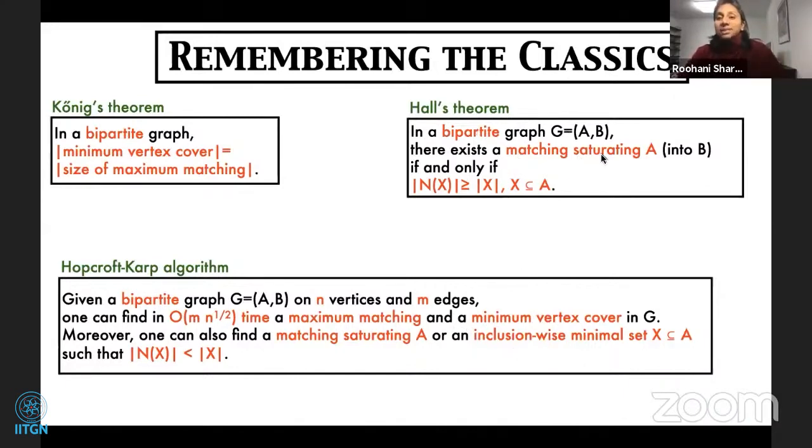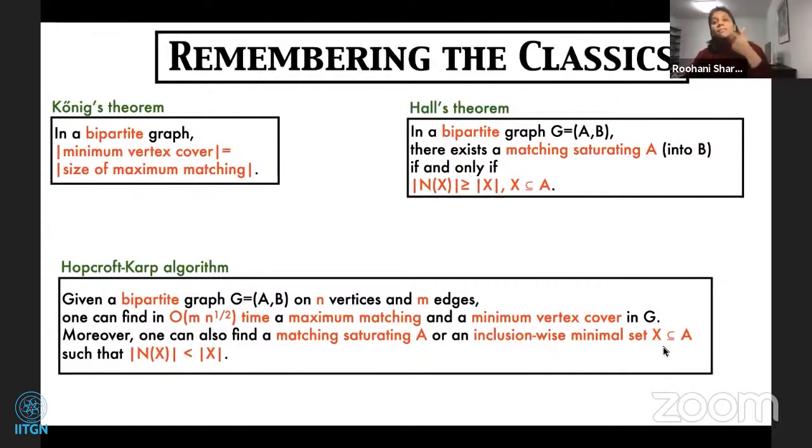So Hall's theorem says that if there is no matching, then there exists an X such that the neighborhood of X is strictly less than the size of X. So this algorithm says that if it's not able to find a matching, it will give you a witness, and that witness comes in the form of a set X, whose neighborhood is strictly smaller than the size of the set itself. And this witness is inclusion-wise minimal.